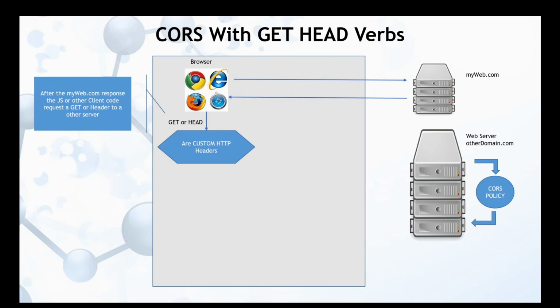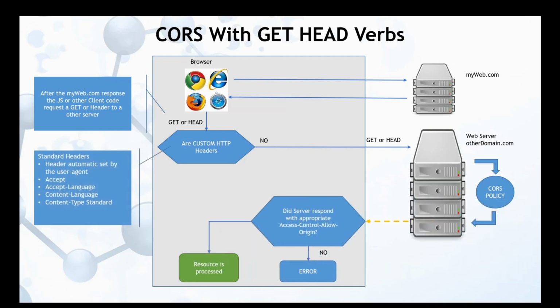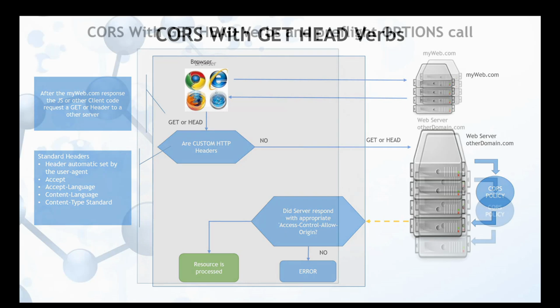If there are no custom headers, the browser allows the call to the external server, asking also for CORS permission. The server looks at its CORS policy and accepts or rejects the call. If the call is accepted, the resource is sent back to the browser to be used in the page. If it is rejected, error information will be created.